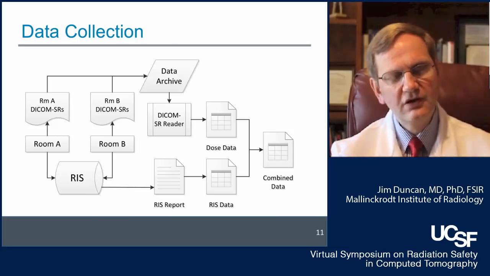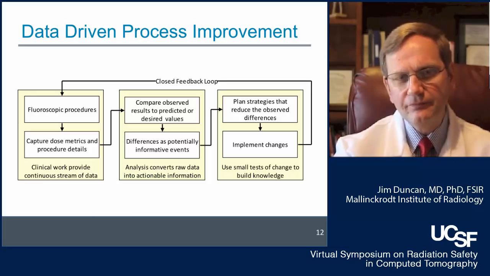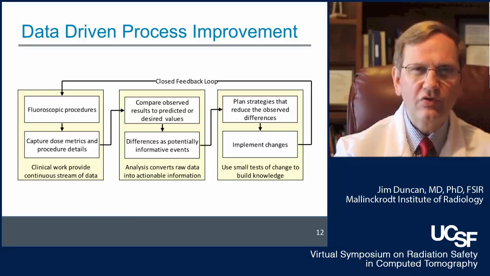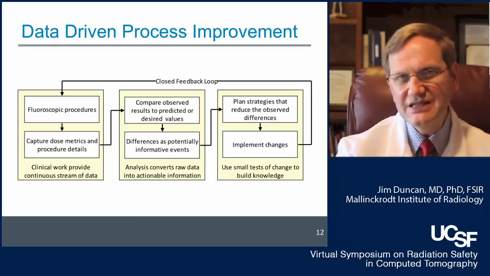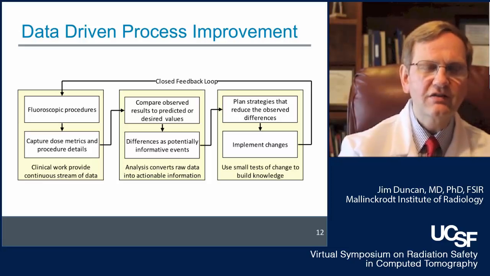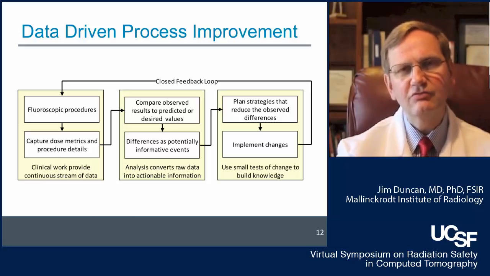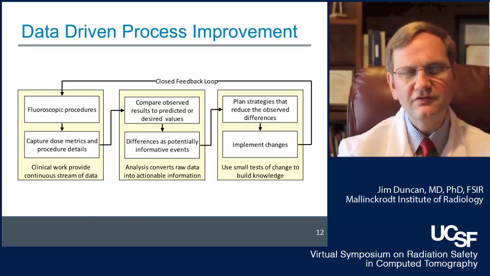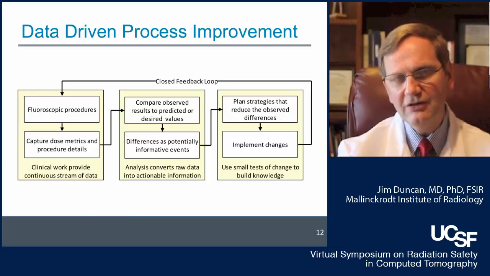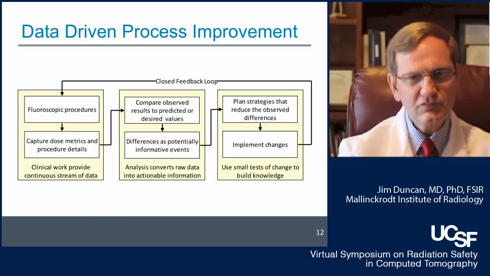For improvement, as we collect data, we want to compare the observed values that just came out of today's work to predicted values. And if we see a large difference, it warrants an explanation. Why is it that if our expected 50th percentile reference point air kerma for an IVC filter is 39 milligray, why was this case 400?